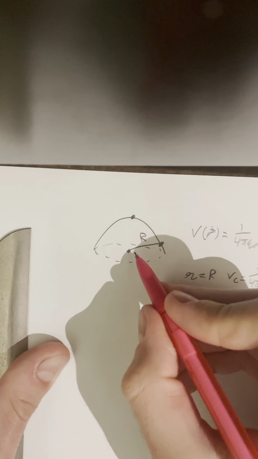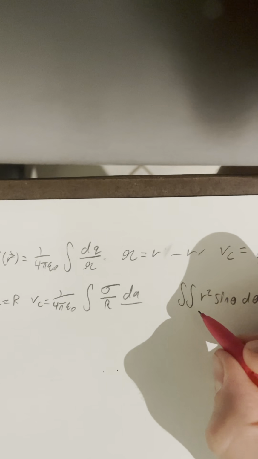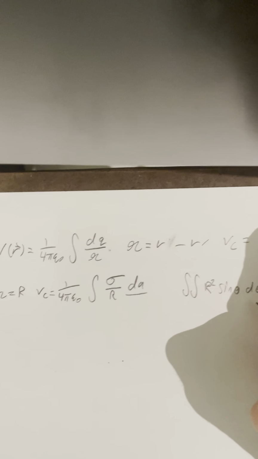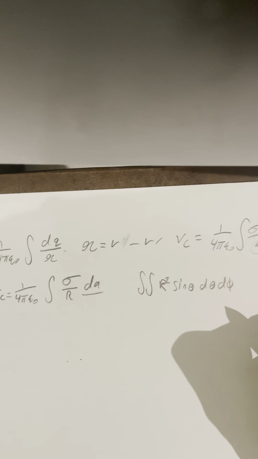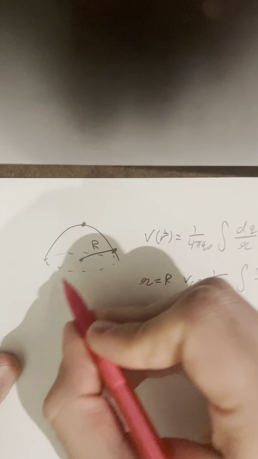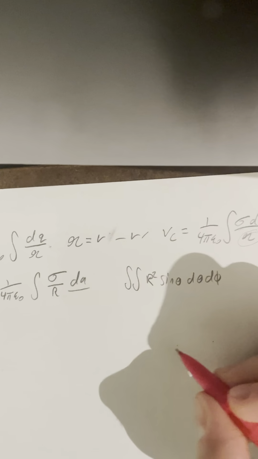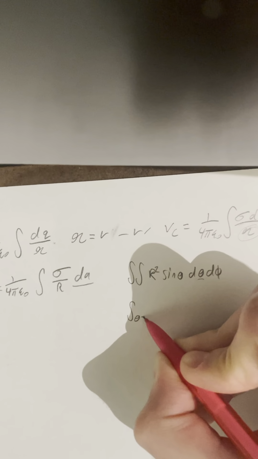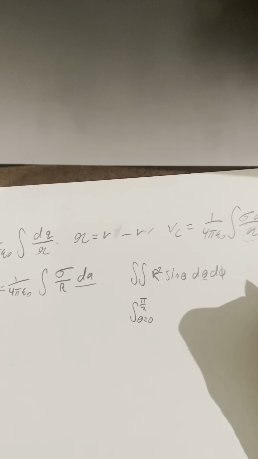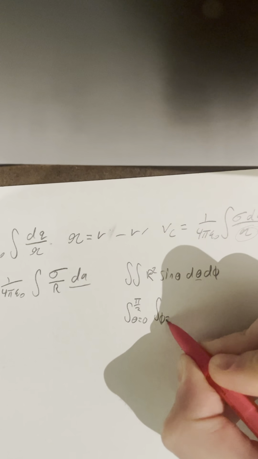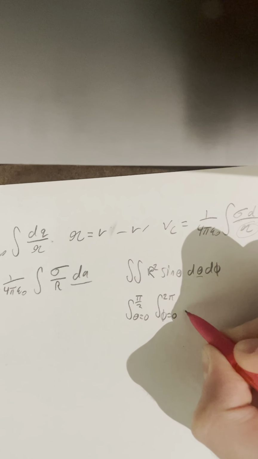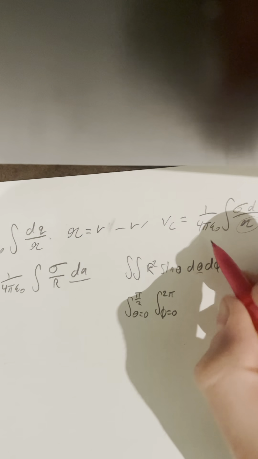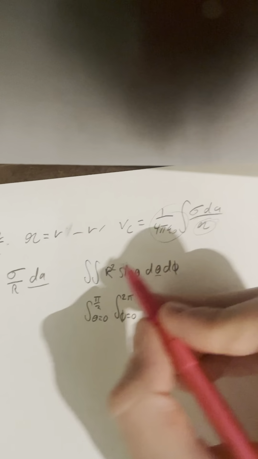Since we're dealing with a constant radius, this little r just becomes big R. And since we're dealing with half of a spherical shell, theta is going to go from 0 to pi over 2, while phi still does a whole rotation, going from 0 to 2 pi.